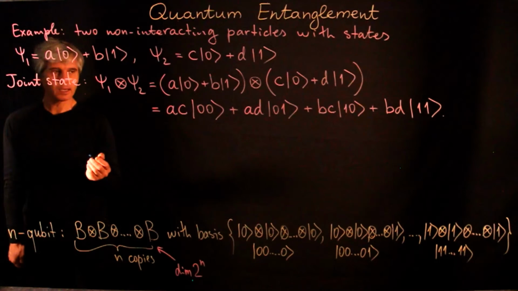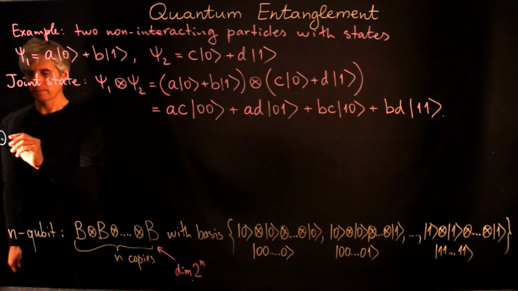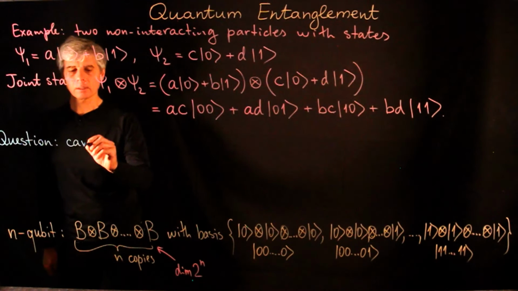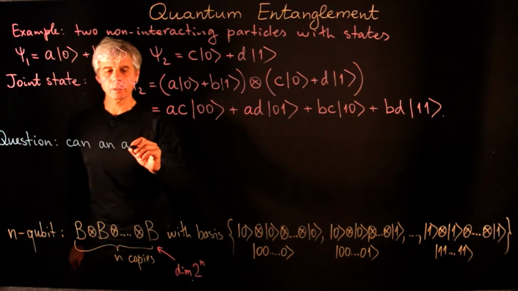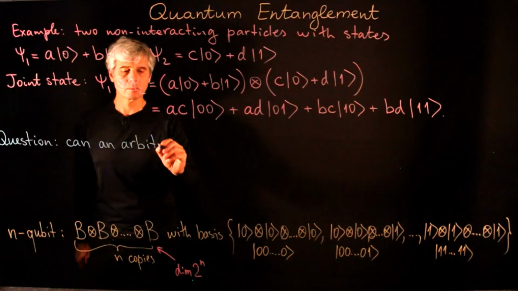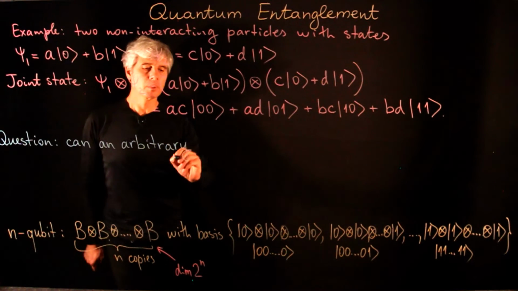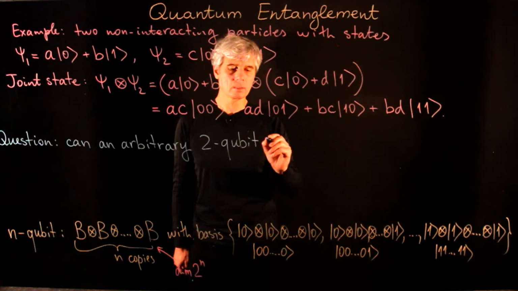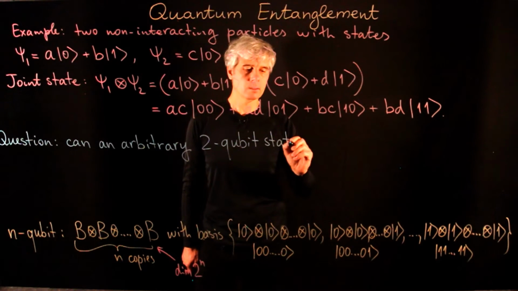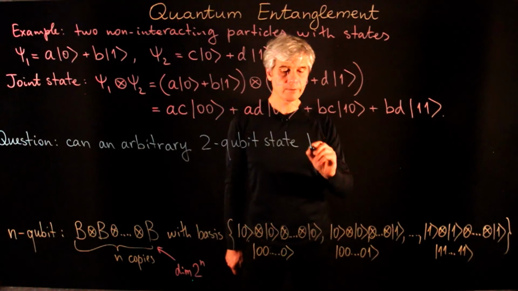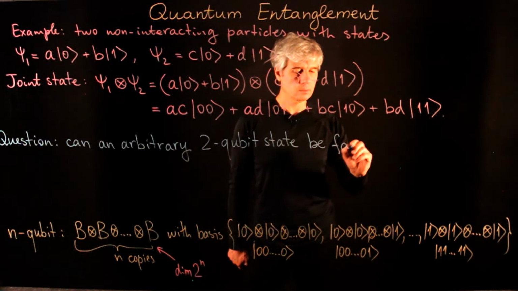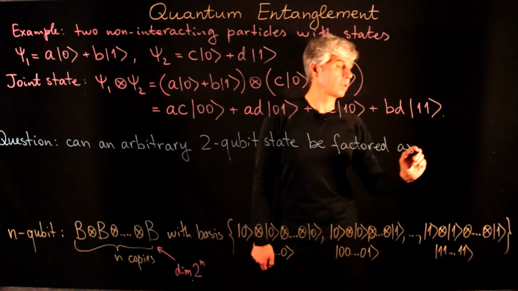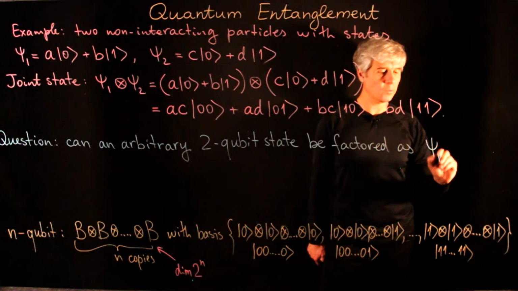Now, let us ask the following natural question. Can an arbitrary two-qubit state be factored as, say, psi1 tensor psi2?